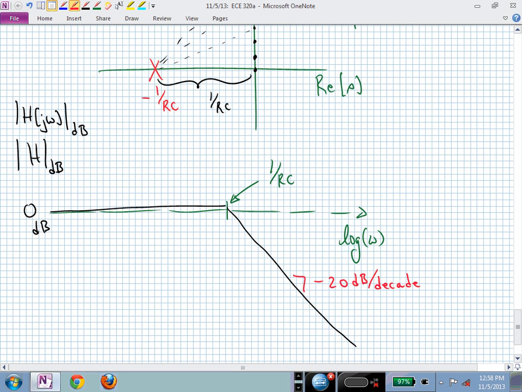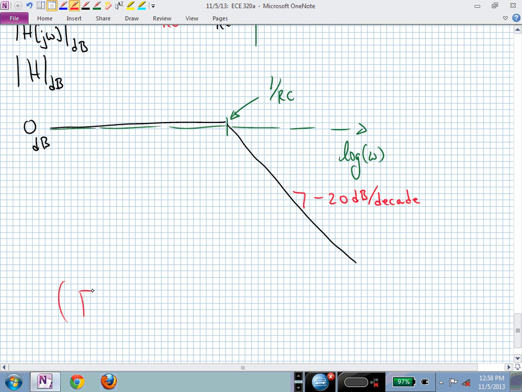And this Bode plot is simply for a first order low-pass filter.